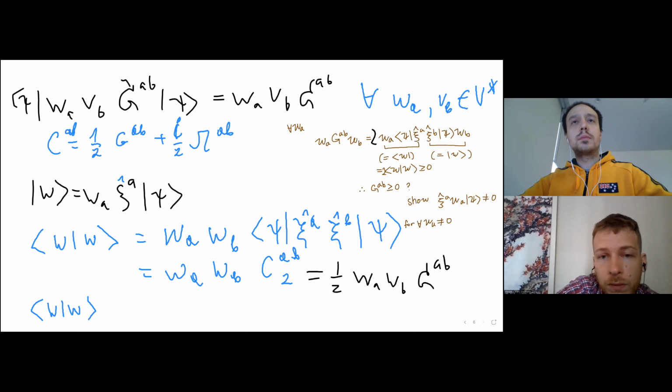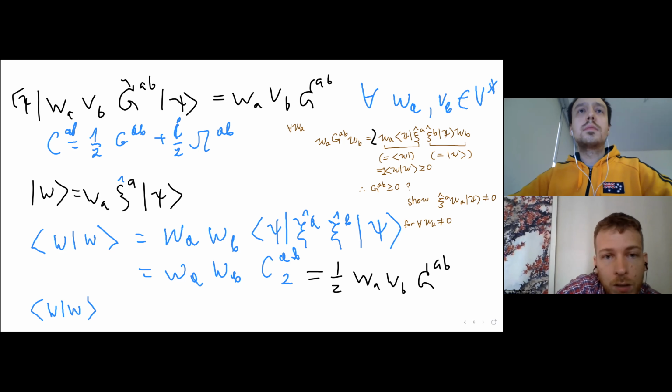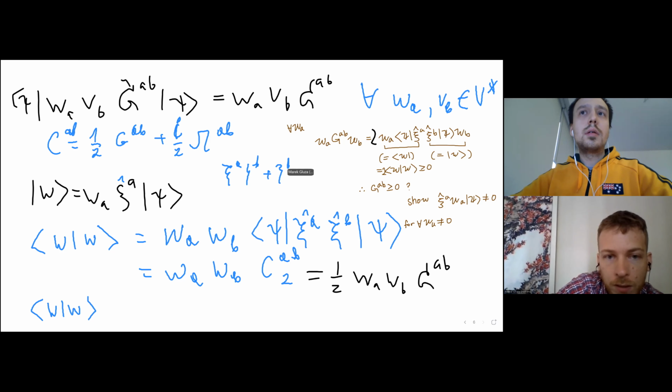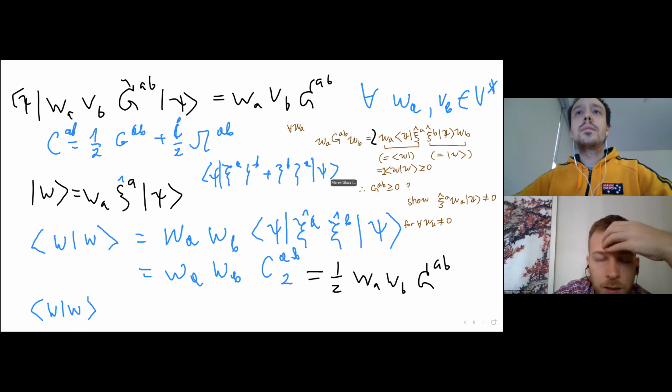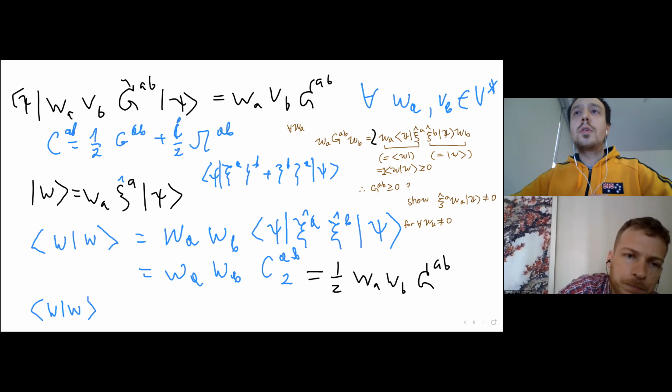So G_AB is a little bit like psi A psi B plus psi B psi A, and expectation value, exactly. And for this, we still use hermiticity of the psi's, right?